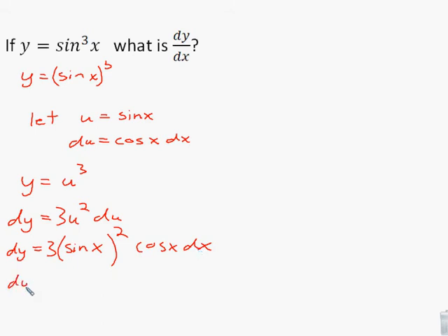And we can write that as dy over dx, because we divide both sides by dx, equals 3, and then remember we can write sine squared in this form, and then times cosine x at the end.